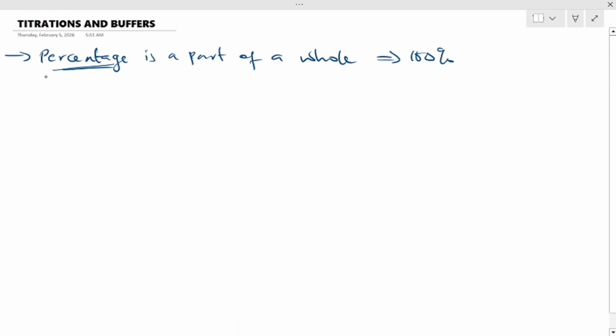So to solve that problem, let's go ahead and use the Henderson-Hasselbalch equation, which is perfect for this case, as follows.